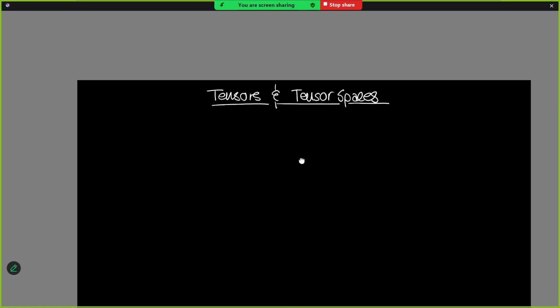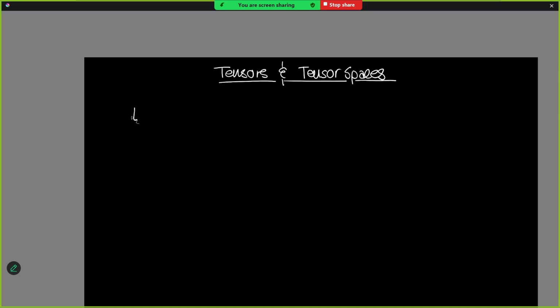So a tensor, let's call it T_P, for our purposes is associated with a point on the manifold, just like a vector is. Because this is essentially going to be an element of our fiber, let me draw it out first.